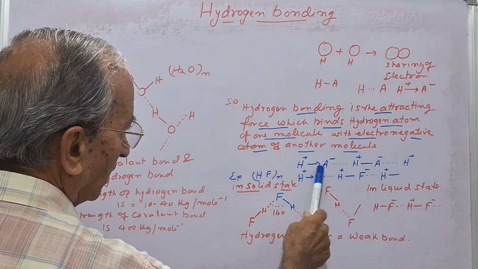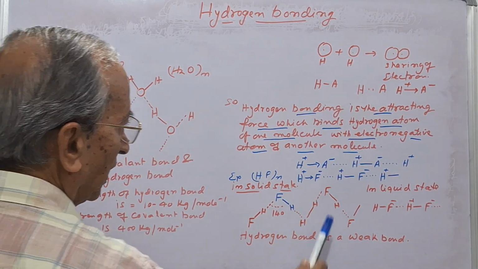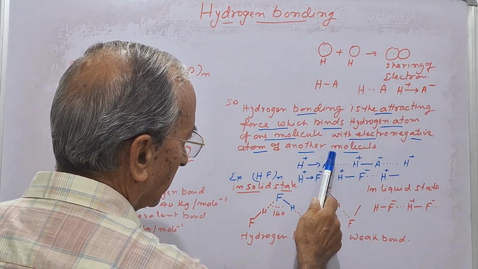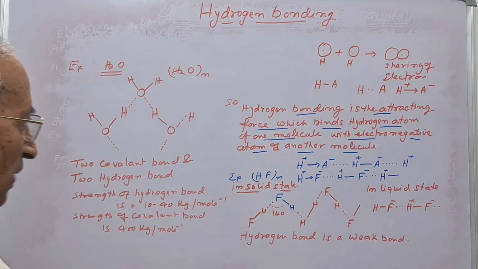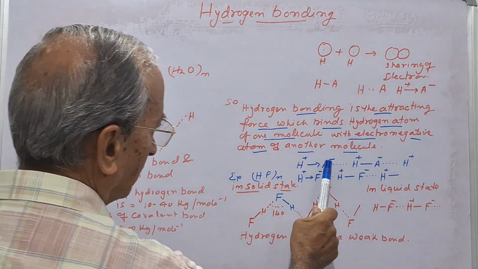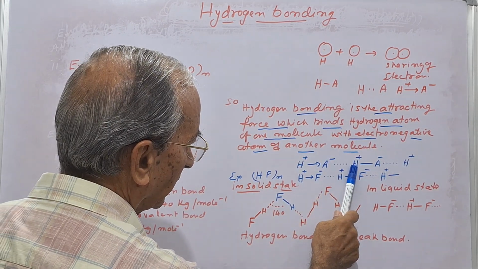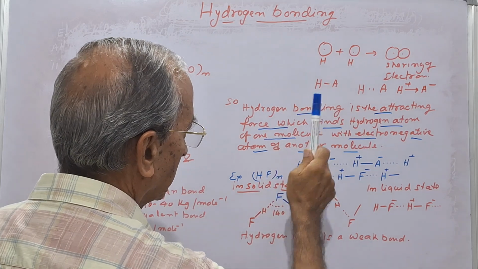If we see here, hydrogen and A, where A is more electronegative, then a force of attraction is created between the more electronegative atom and the hydrogen atom of another molecule. This weak bond is known as hydrogen bonding.